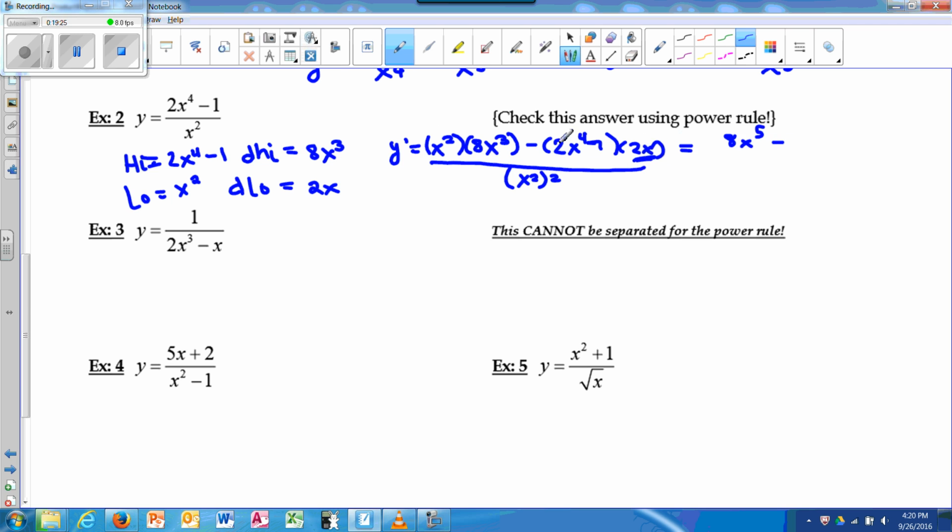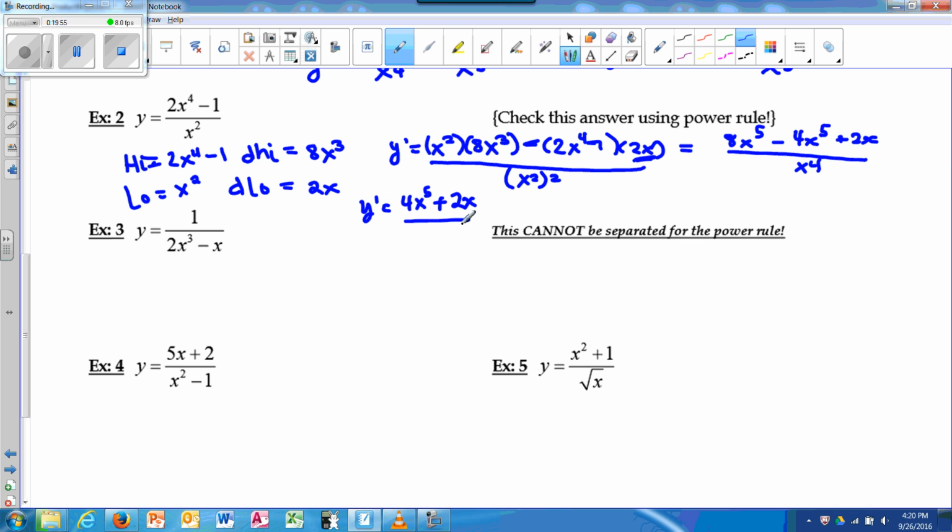That makes this 8x to the 5th minus, and I have to distribute that 2x, and I have to make sure I distribute the negative. So minus 4x to the 5th, and minus a negative 1 makes a plus 2x over x to the 4th.